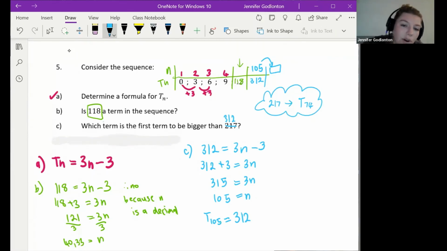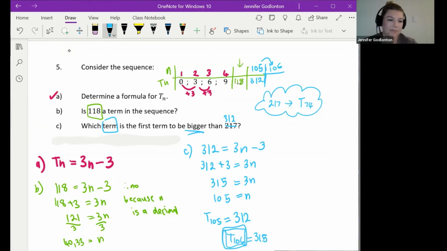But we want to know which term is bigger than 312, which means we care about the term right next to 105, which would be term 106. And so our final answer is the number that would be bigger than 312 would be term 106, which would be 315. So this is the answer that I care about, the term 106.